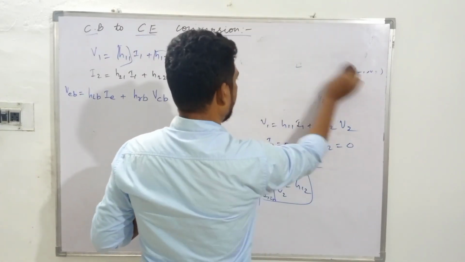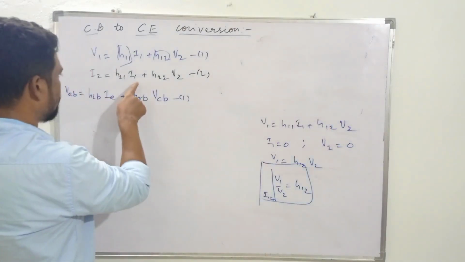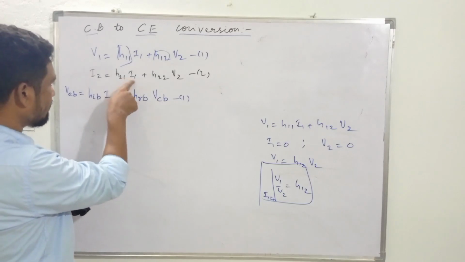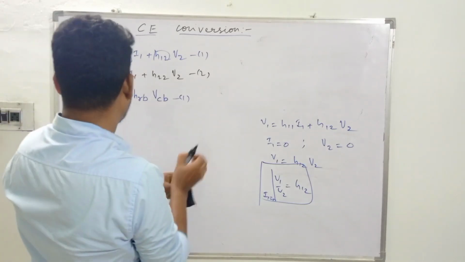Whatever second equation we write, in terms of common base, this general one has to be written in terms of CB. What is that equation?